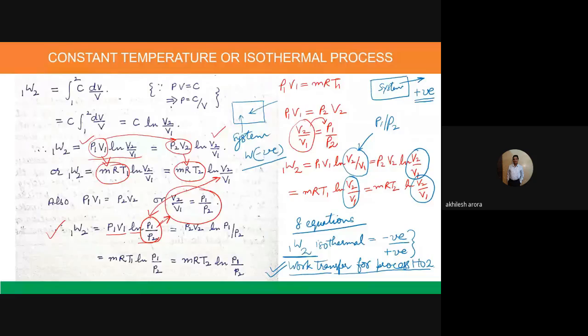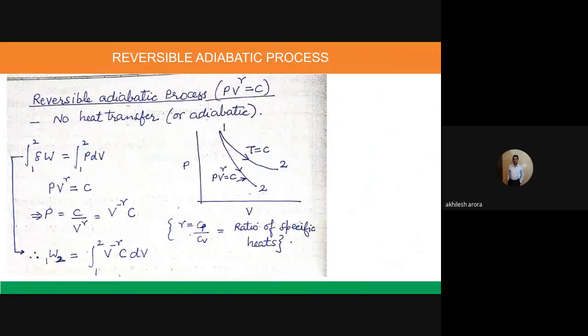Let us proceed further. The next process is the reversible adiabatic process, and in this particular case, I would like to tell you what is the meaning of adiabatic first of all. When I say adiabatic, adiabatic means no heat transfer, no heat transfer from the system to the surroundings or from the surroundings to the system.